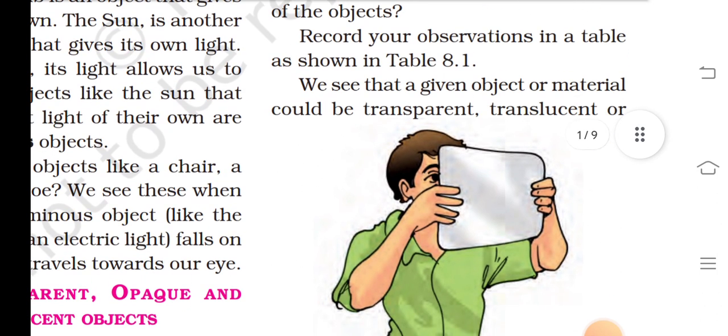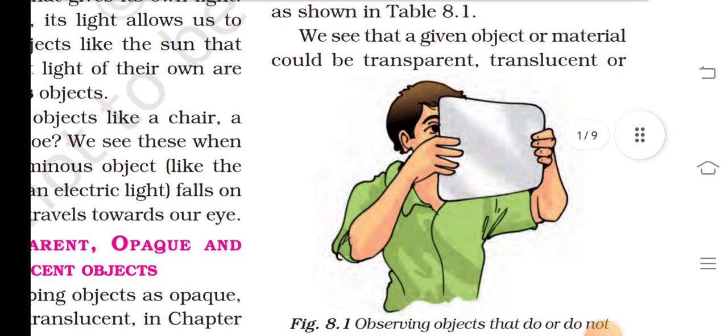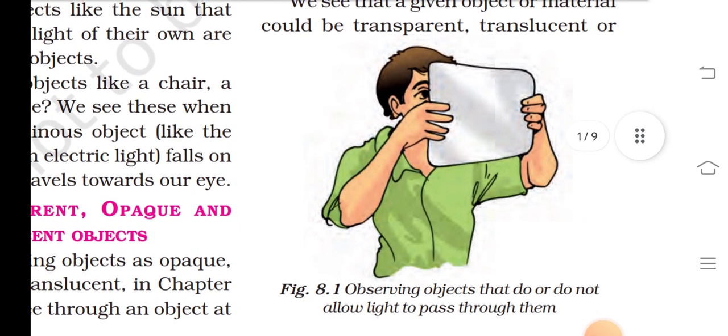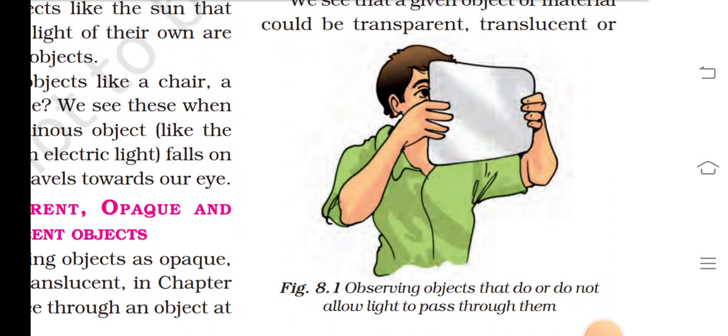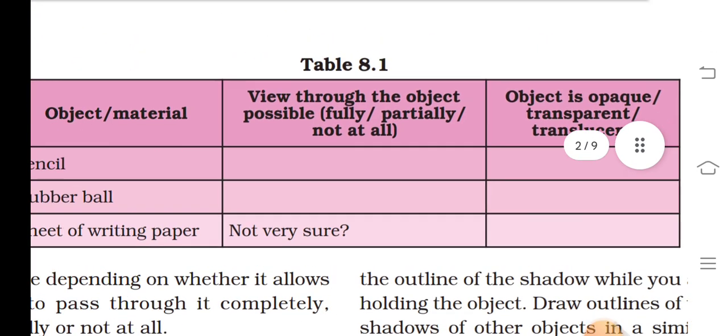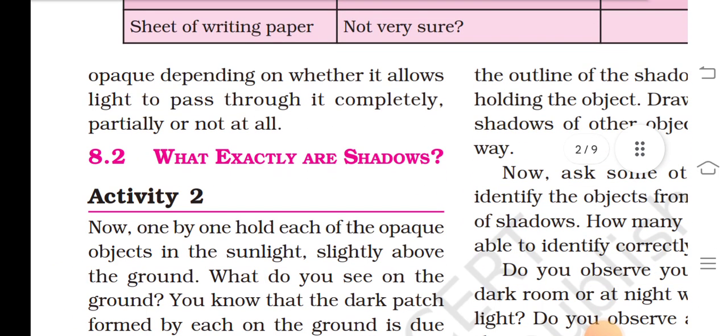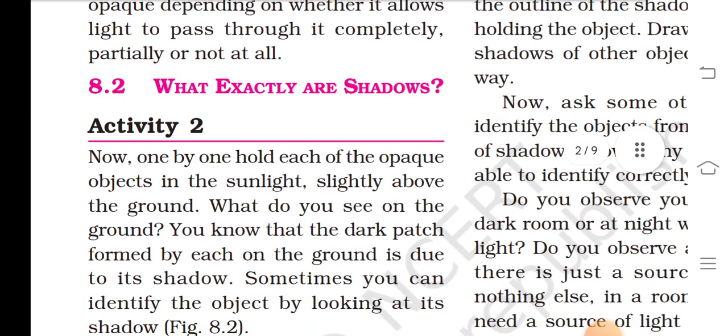Record your observation in a table as shown in table 8.3. We see that a given object or material could be transparent, translucent or opaque depending on whether it allows light to pass through it completely, partially, or not at all.